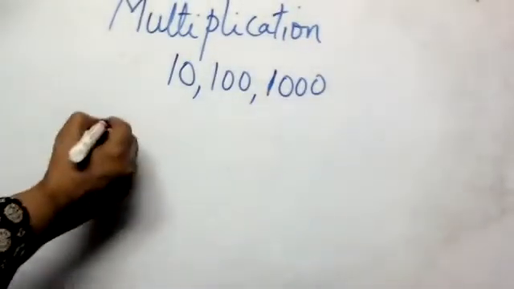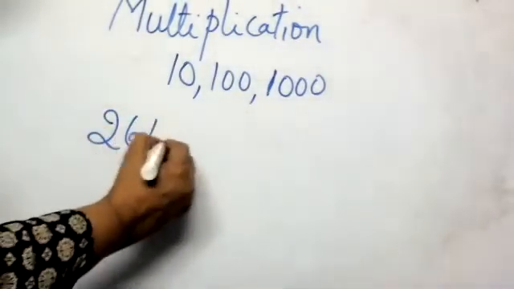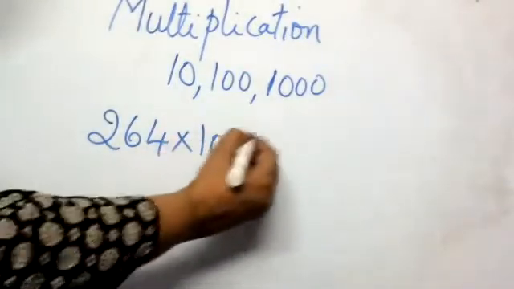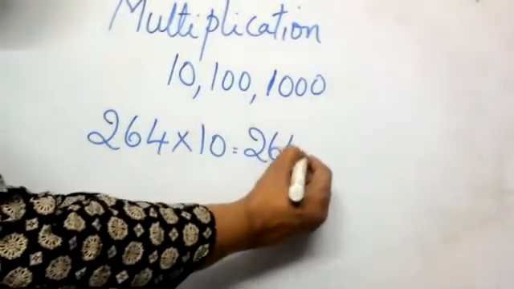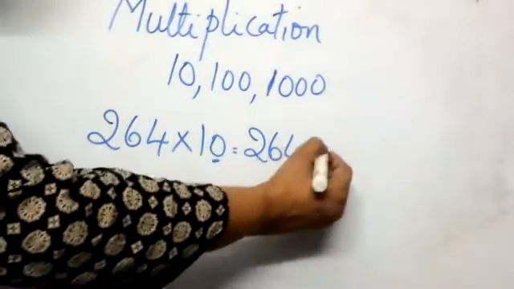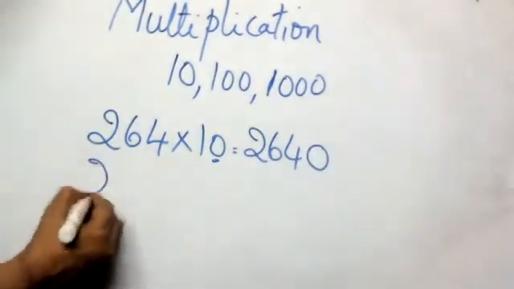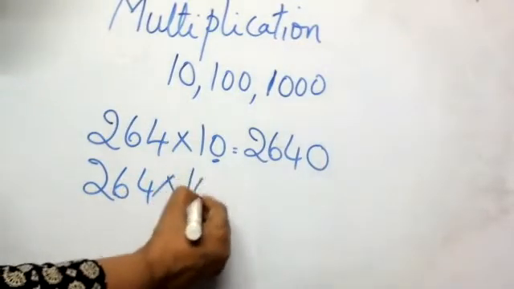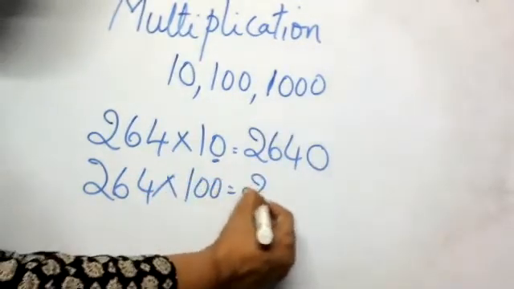Now let's take one more number in the short method. 264 into 10: add 1 zero, 2 6 4 and add this 0. 264 into 100: you will be adding 2 zeros.